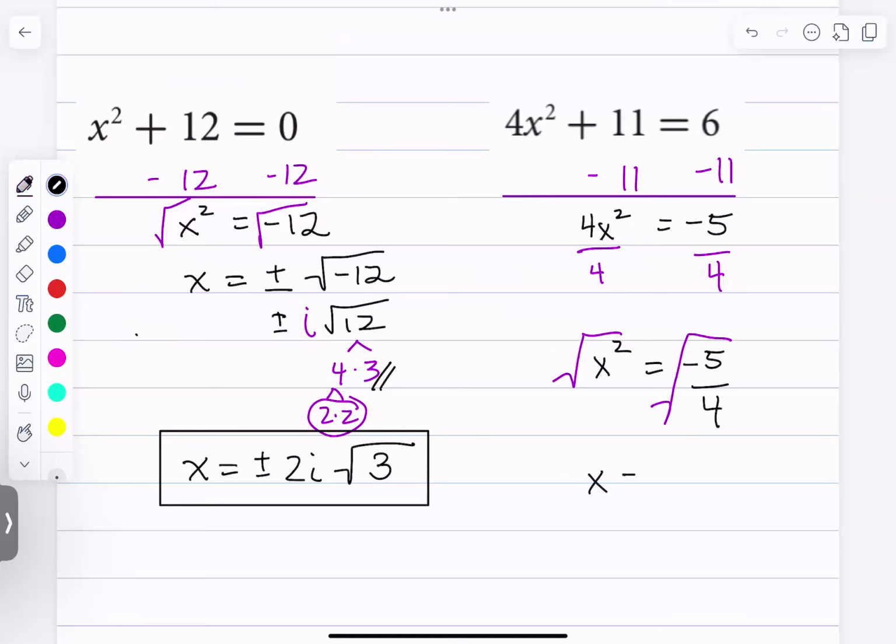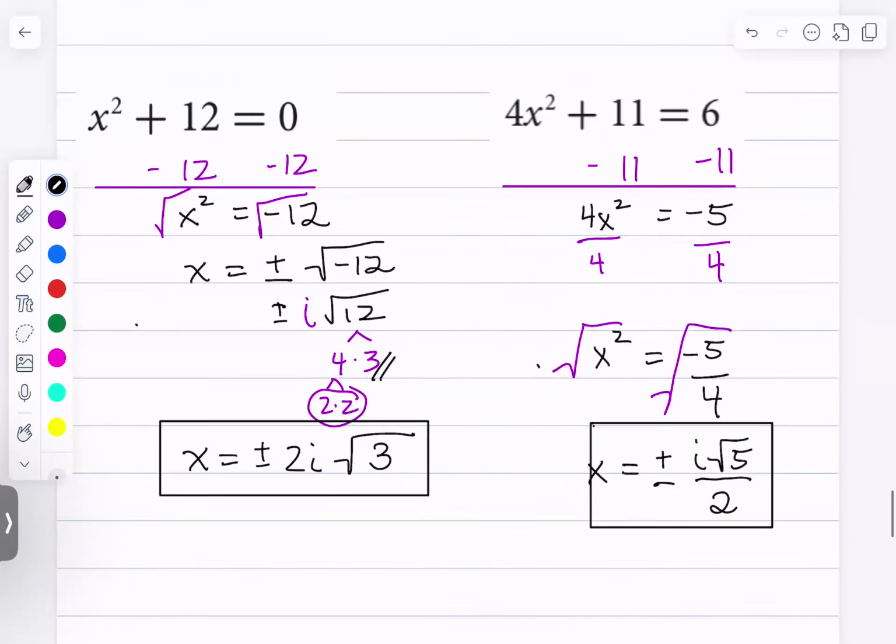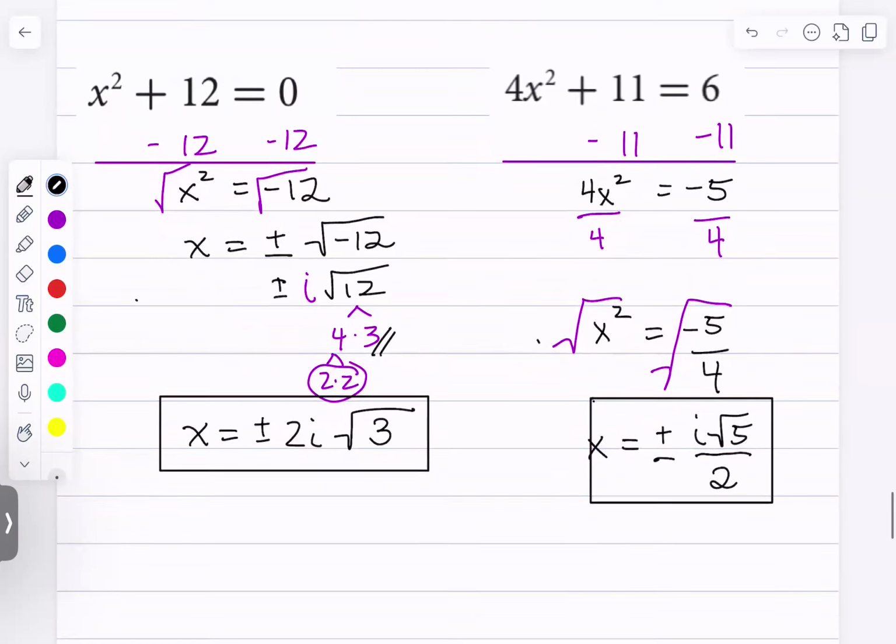So that's x equals plus or minus square root of negative 5 is i square root of 5. Okay? Over square root of 4 is 2. Cool? Easy?